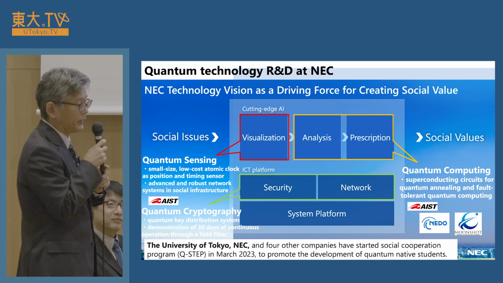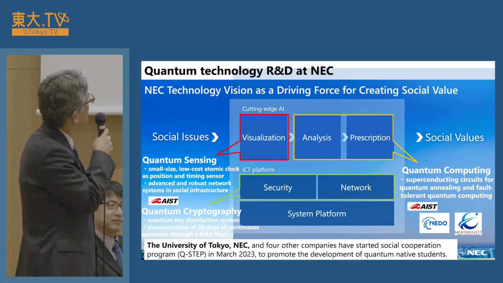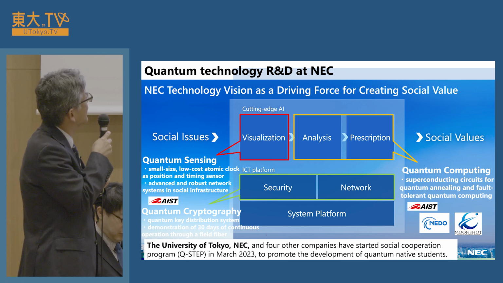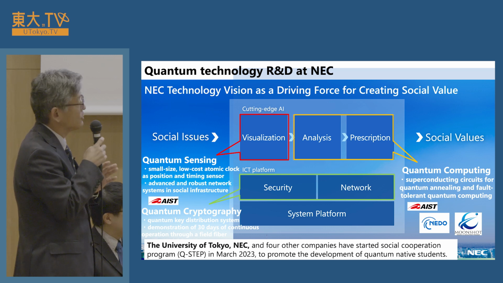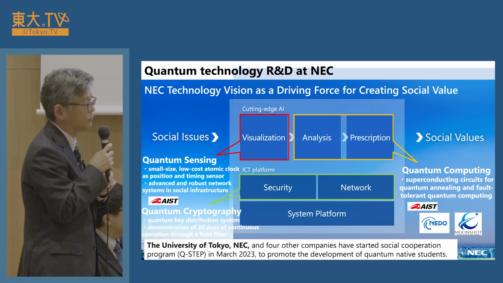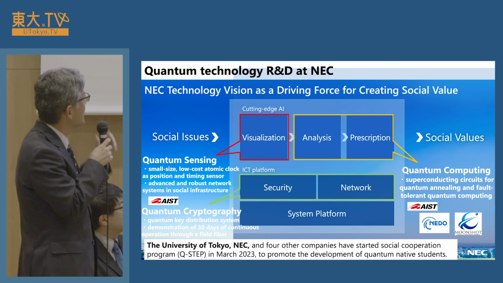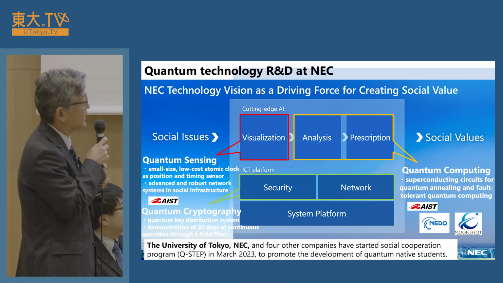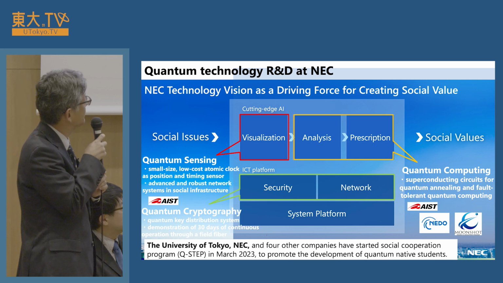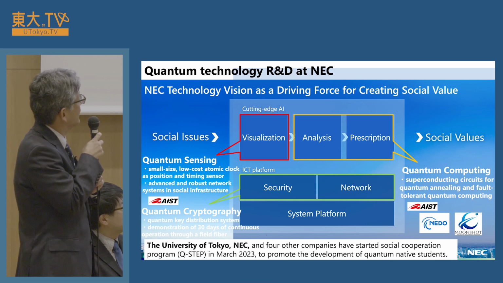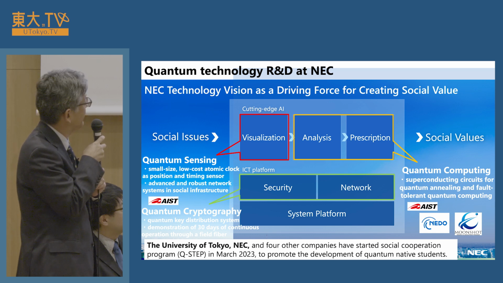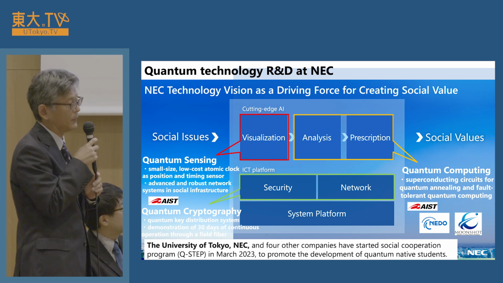As for the software technology, we have a cutting-edge artificial intelligence to enable to visualize and analyze and give prescription to the problems. And as for the hardware part, we have developed various ICT platforms, such as secure network platforms and computer system platforms.